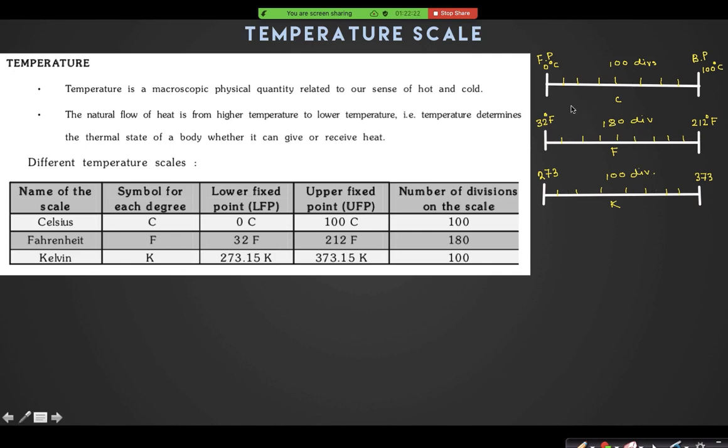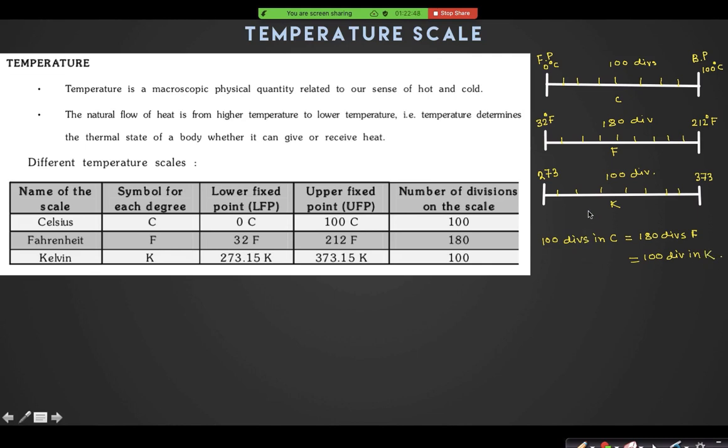So the change from freezing point to boiling point is 100 divisions for Celsius scale, equal to 180 divisions in Fahrenheit scale, and equal to 100 divisions in Kelvin scale.